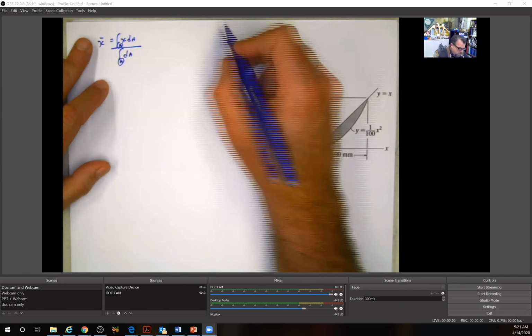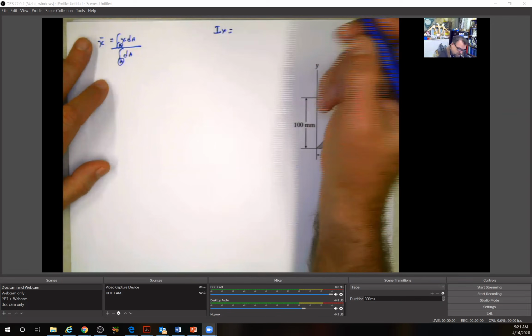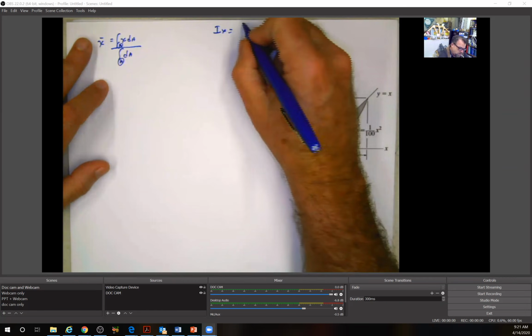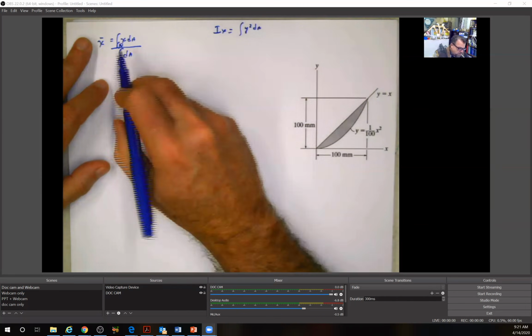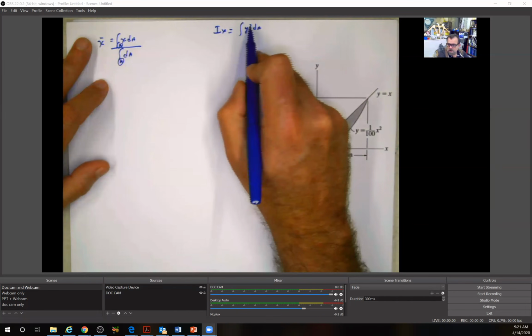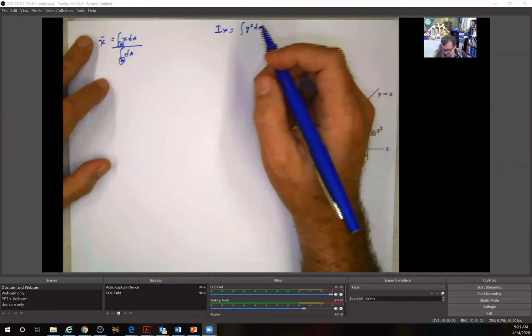So if you want to calculate I sub x, which is not the case, that will be the integral of y squared dA. Sometimes they mess up here and put x squared dA. So don't do that, please, okay?